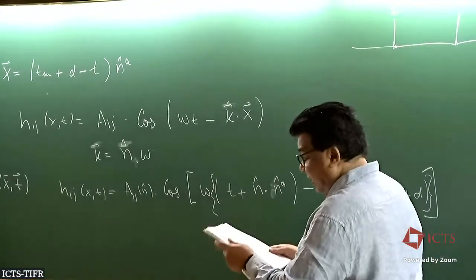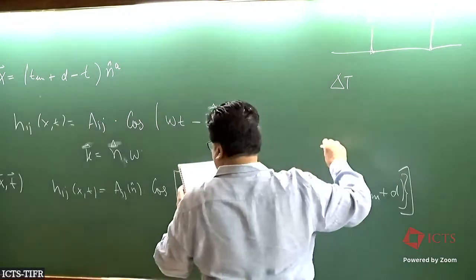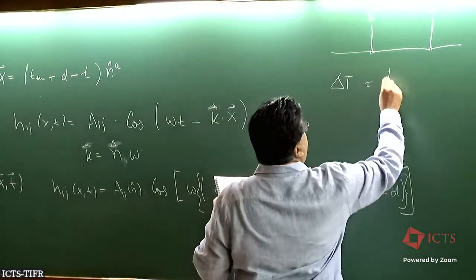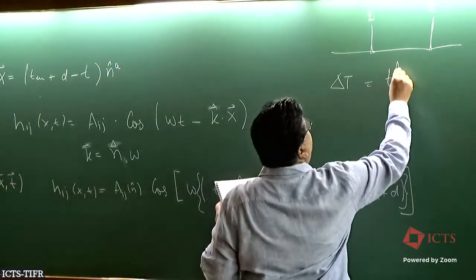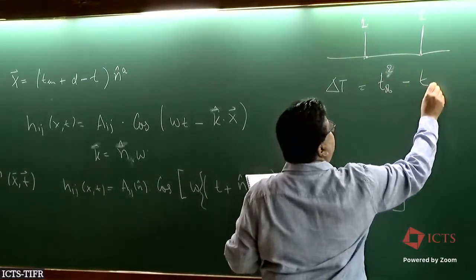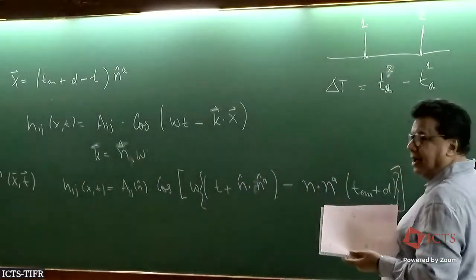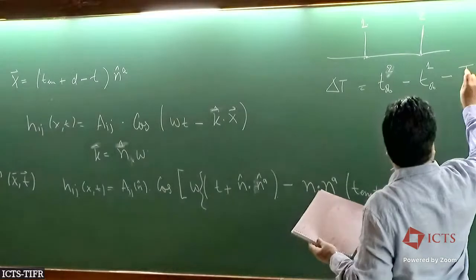So what we are looking at is delta t, the residual, which is t observation for 2 minus t observation for 1, the observed time of arrival, and subtract the model period.